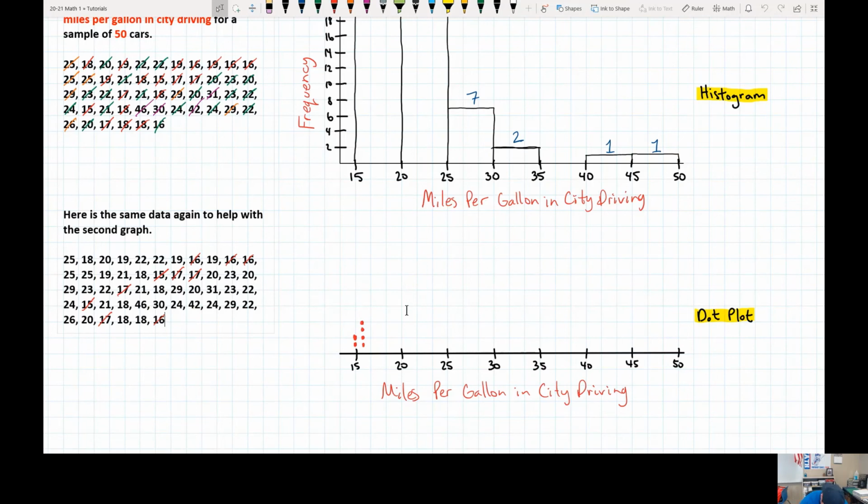Then 18: 2, 3, 4, 5, 6. Right. And we'll continue this process to get through all of our data.